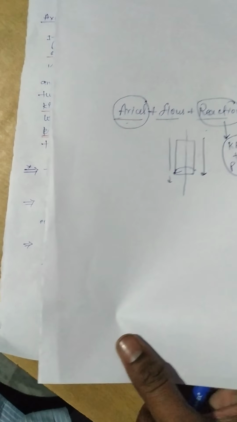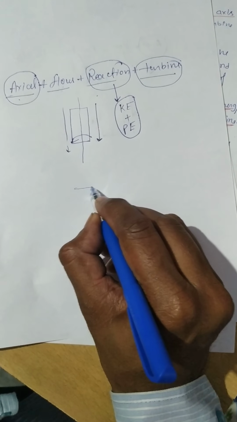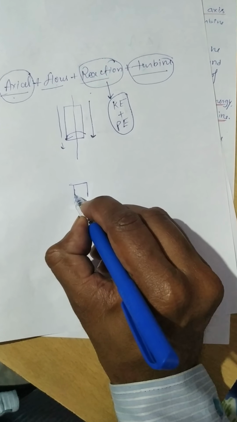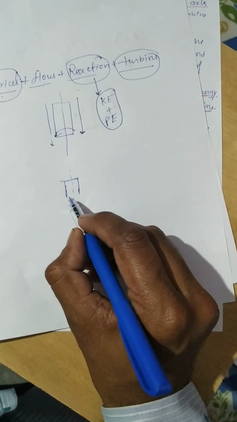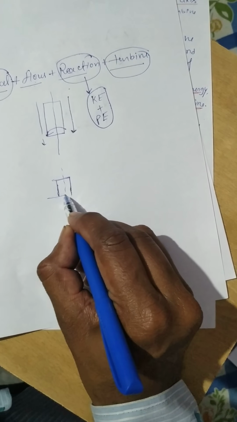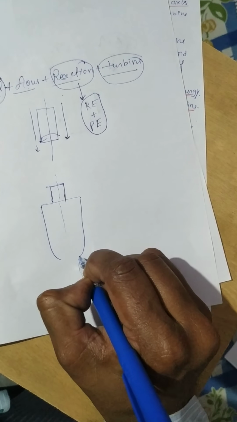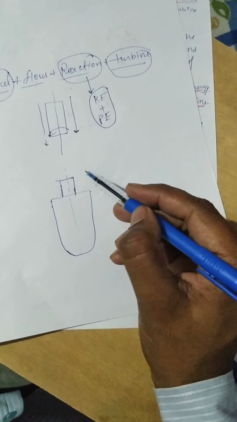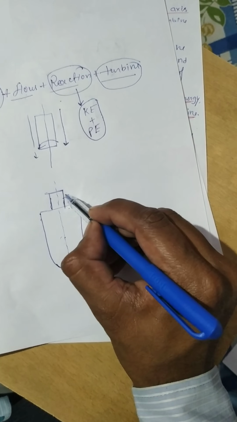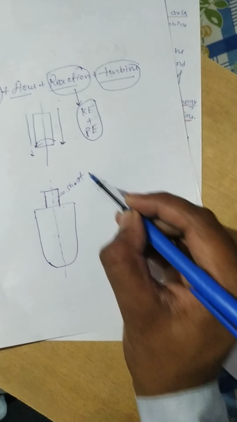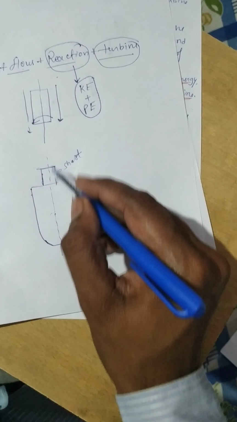So let's come to describe it. Suppose this is a shaft, and this shaft is placed vertically, right? And now if we make a structure like this, this part is connected with the shaft axially, right?